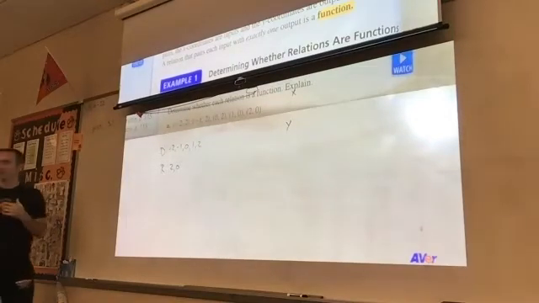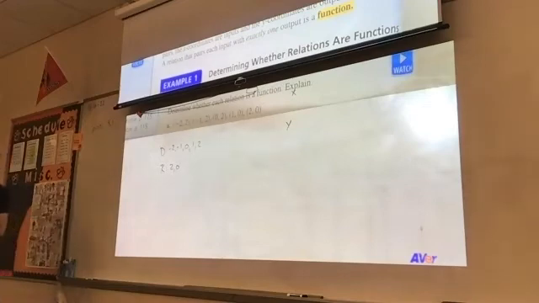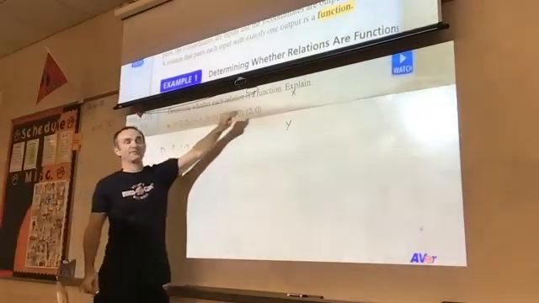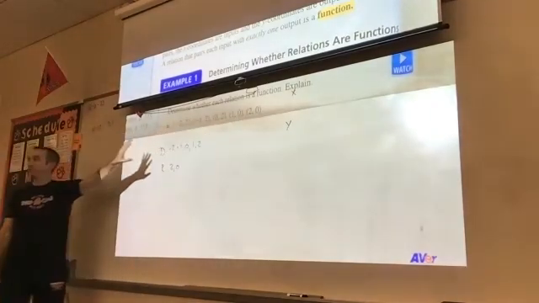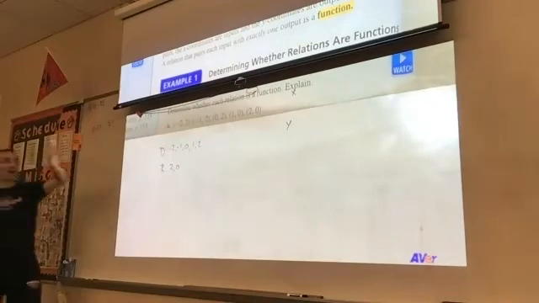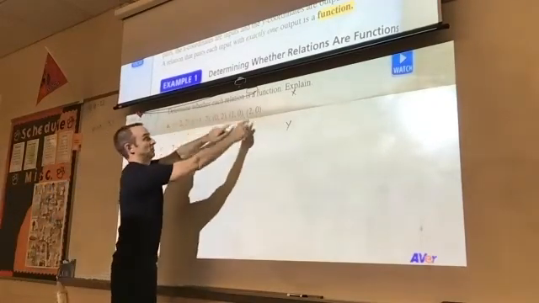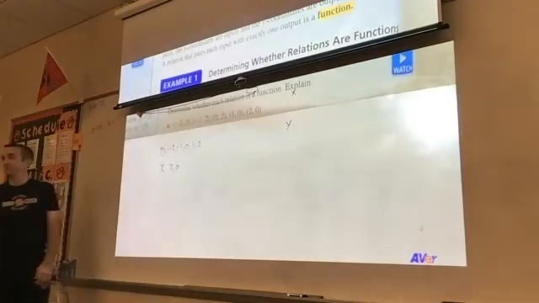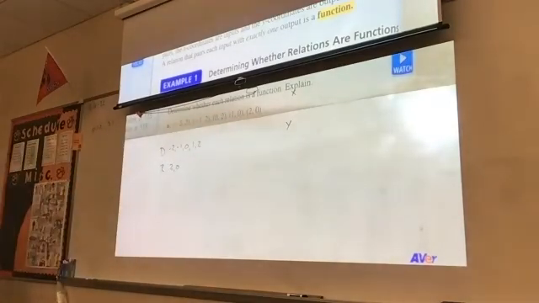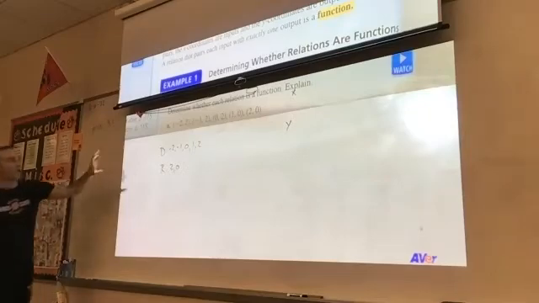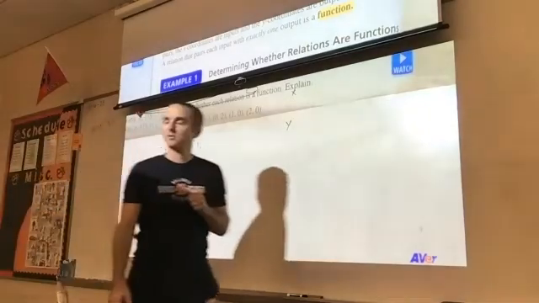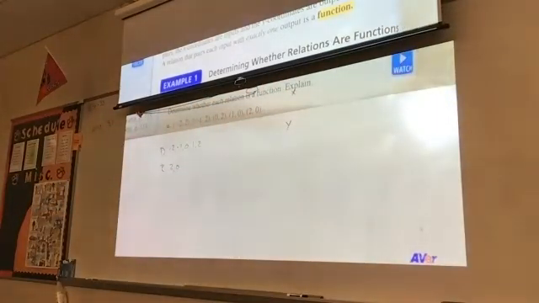What about the numbers in between? We don't worry about the numbers in between because those aren't possible. These are the only dots on our graph, the only points that we have. So the only y values we could possibly have are either a 2 or a 0. That's it. Okay. So if they just give us points, it's just listing numbers.